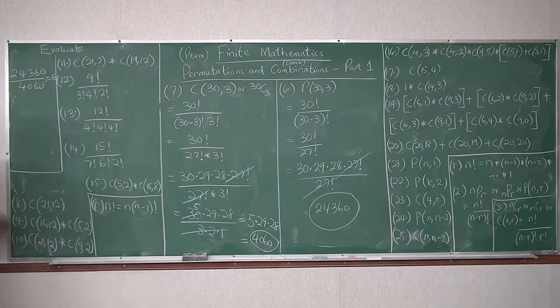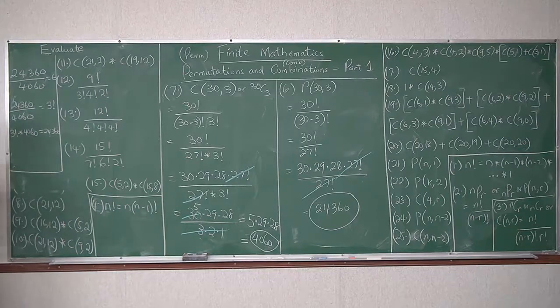So that means that 24,360 divided by 4,060 is equal to 3 factorial, because 3 factorial is 6. So that tells you that 3 factorial times 4,060 is equal to 24,360.